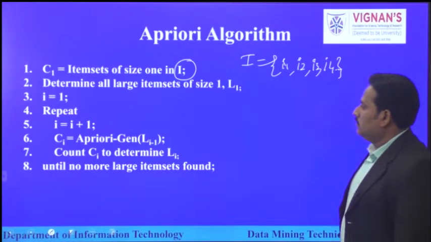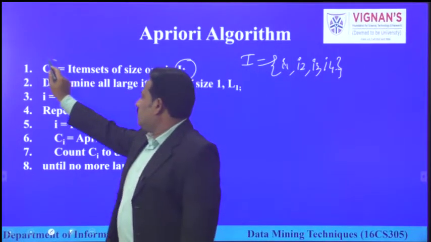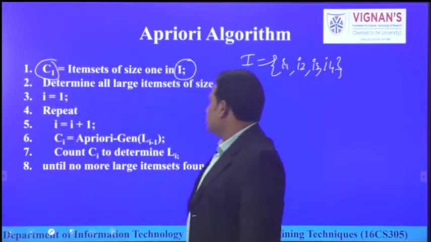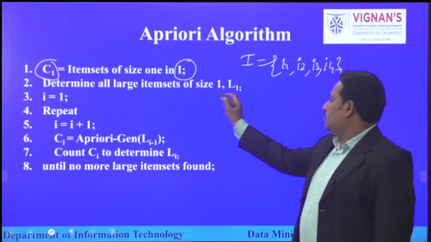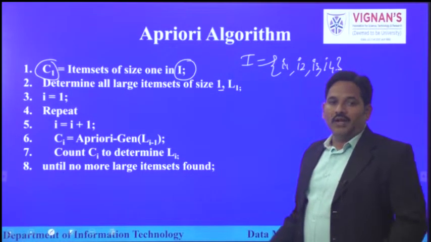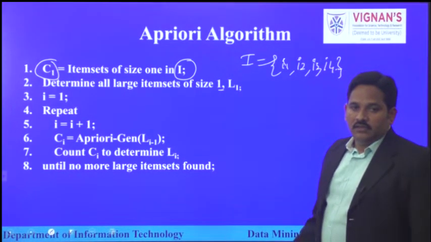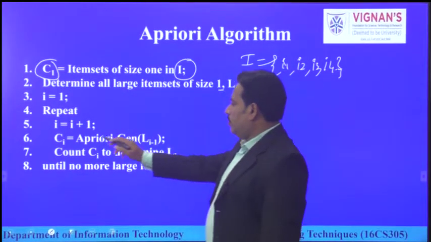Now here, after assigning all the elements to this C1 attribute, we want to find out the large item sets of size 1. That means we want to find the 1 item sets which are repeated based on the threshold value. Now here the process is going to be repeated.